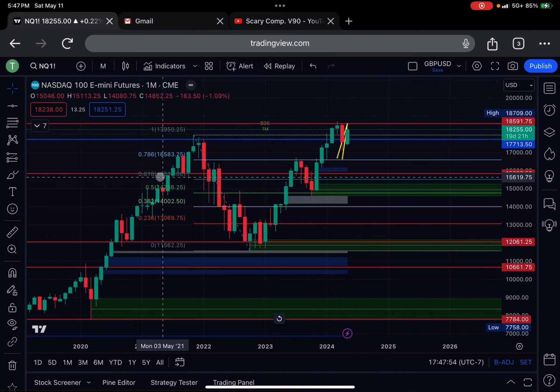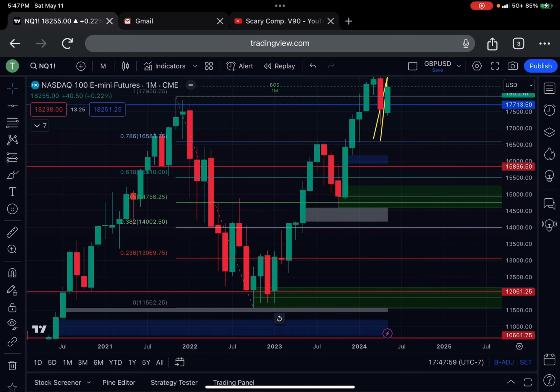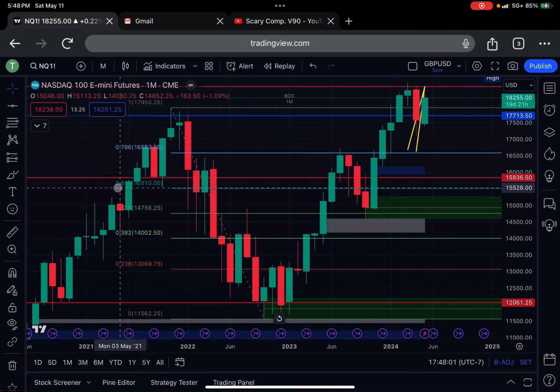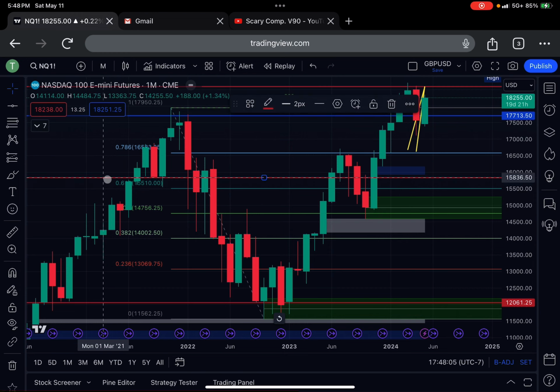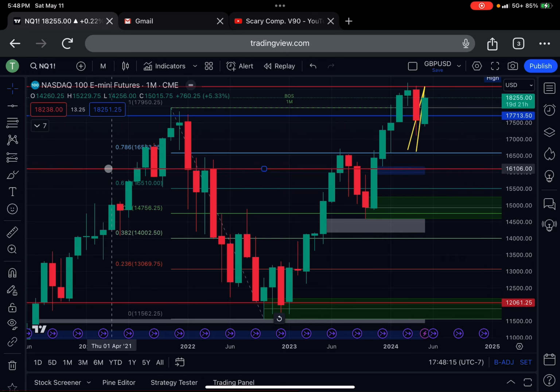And I look at that area and I look at this, and we gotta zoom in a little bit more, guys. And we see price respecting that area. We also look at it possibly in this now, not really.